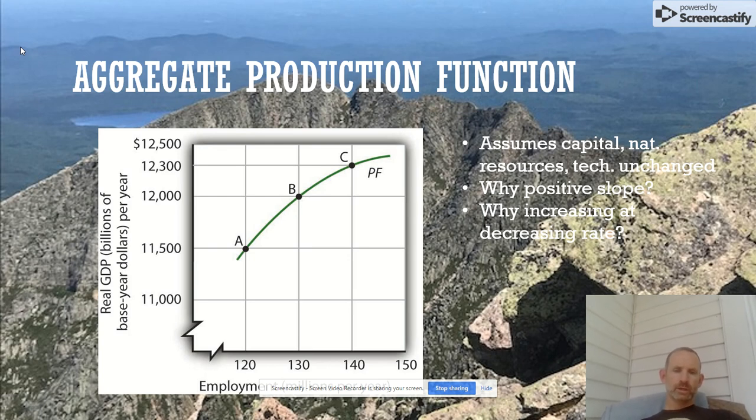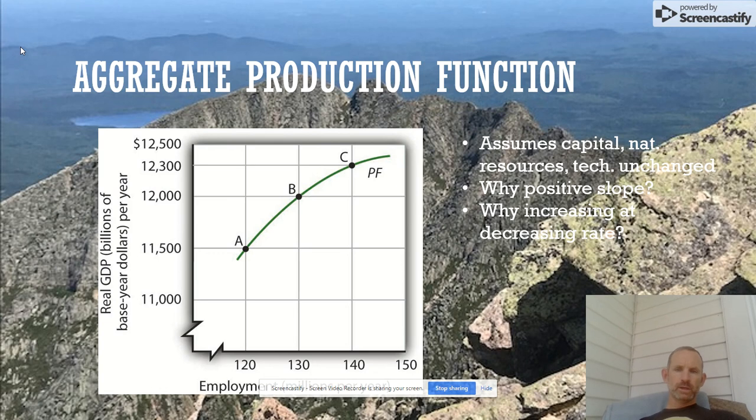So what this graph is showing you is if we just add more and more workers to the economy, with a fixed amount of capital, natural resources, and technology, what happens to GDP? And as you might expect, it is a positive slope. More workers produce more stuff, but it increases at a decreasing rate because at some point, if you can imagine on a smaller scale, in one factory, if you had a fixed factory size, fixed amount of machinery, putting more and more workers in that factory at some point gets less and less productive.